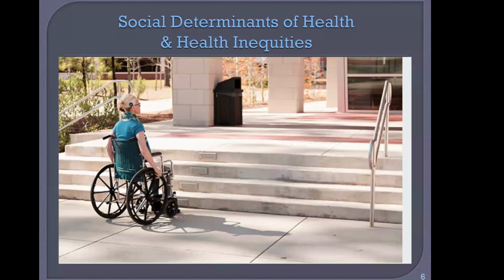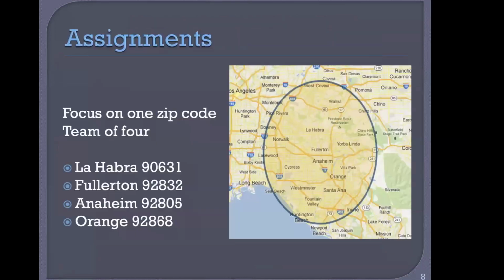They include income level or economic stability, neighborhood and built environment, access to healthcare and quality healthcare, access to education and quality education, social and community context. If you need a little refresher about the 5 social determinants, go to the Healthy People 2030 website. You will find the section where each social determinant is clearly explained and given examples.